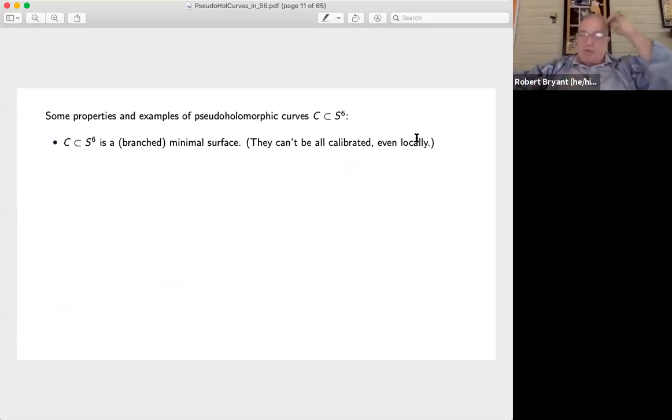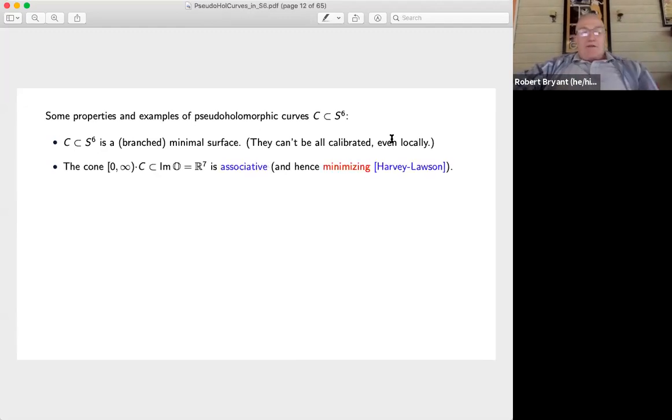So they're not calibrable, and obviously globally they're not minimizing because, for example, certain geodesic 2-spheres, as I'll get to in a minute, are minimal surfaces, and of course they're not minimizing in S^6. There's no homology in dimension 2 in S^6, so they couldn't be homologically minimizing.